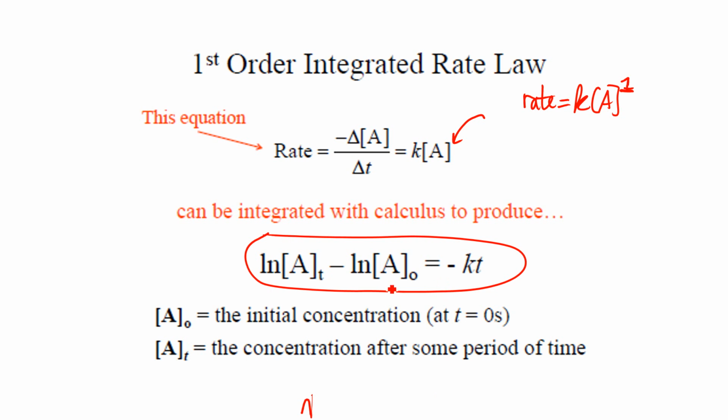So like if someone told you what the initial concentration was, and you know amount of time that has passed, and you know the rate constant, then you could calculate the concentration at time t. Or if you know the change in concentration over time, you can calculate the rate constant K, or you could calculate how much time it takes to get from a certain concentration to another concentration if you know the rate constant. So you can do some math here.